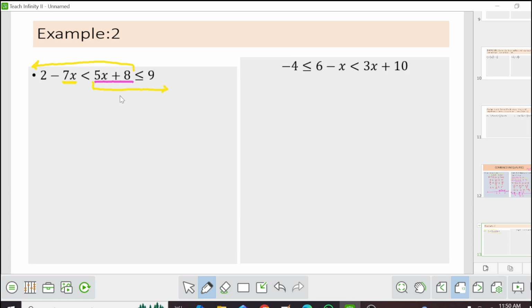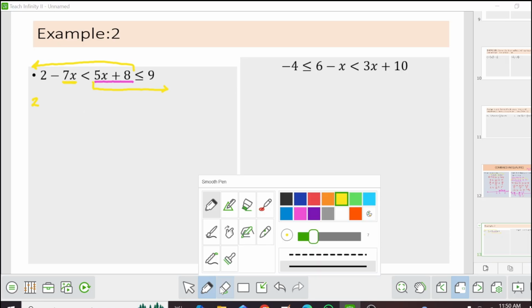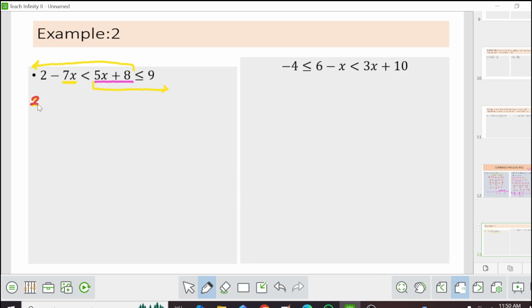Then I have two inequalities that I can write separately. Let me use something that will be visible. So I have 2 minus 7x less than 5x plus 8.